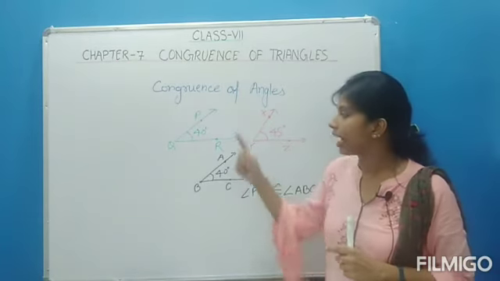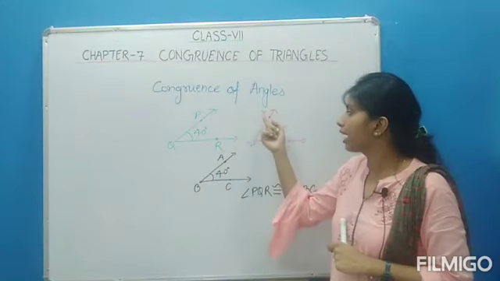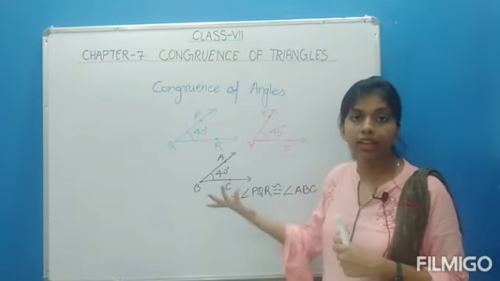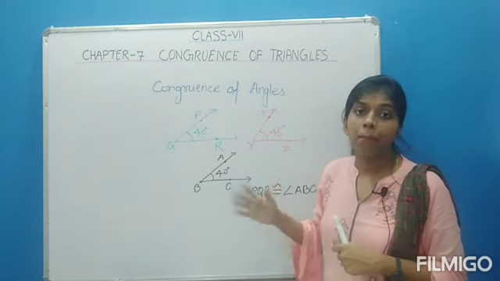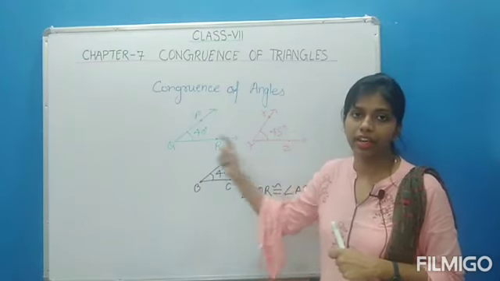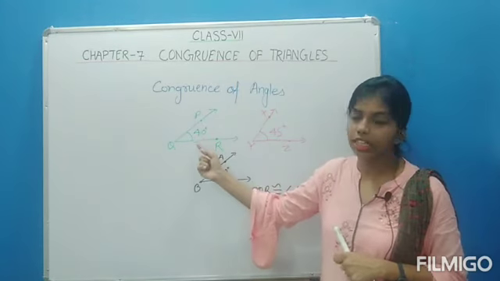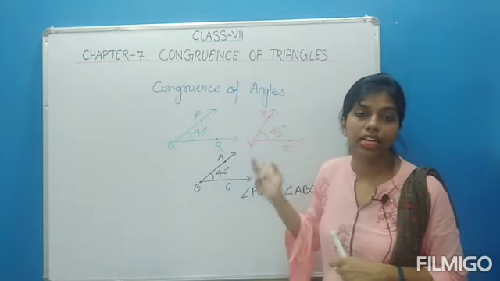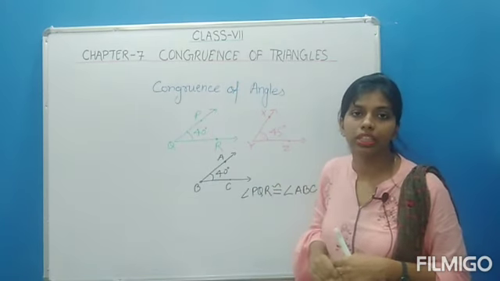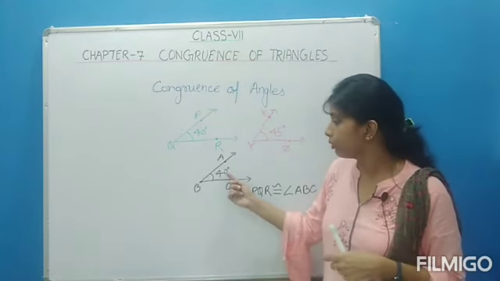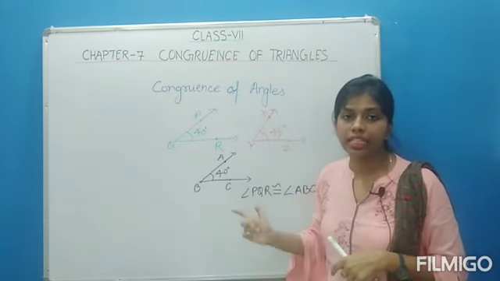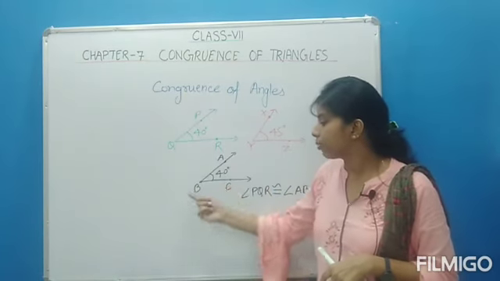We cannot say that angle PQR is congruent to angle XYZ, because the shape is the same, but the measurements are different. Angle PQR is 40 degree and angle XYZ is 45 degree, which means these two angles are not congruent to each other. Here we have equal measurements, 40 degree and 40 degree. That's why we can say that angle PQR is congruent to angle ABC.